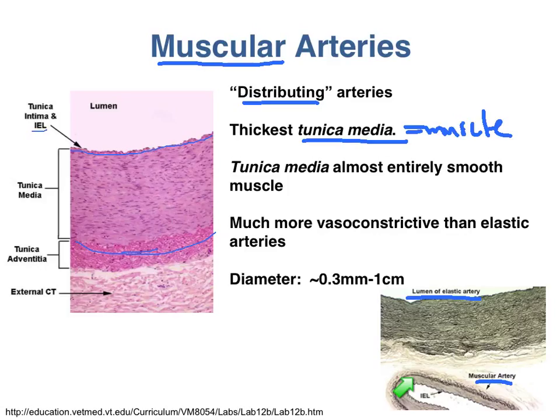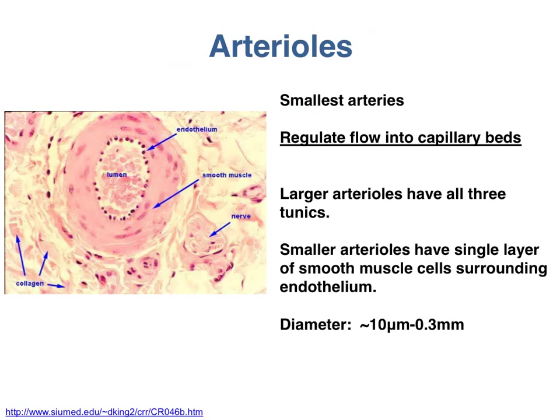Because the muscular arteries have such a thick tunica media, they're very good at constricting. They're much more vasoconstrictive than the elastic arteries. This makes the muscular arteries critical for regulating blood pressure.